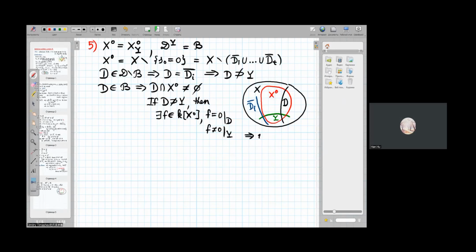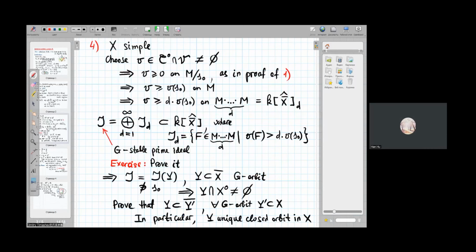So this implies that the vanishing order of this function at D is positive, while the value of V at f is 0, because of the definition of Y, because Y is the orbit corresponding to this ideal defined by this strict inequality.